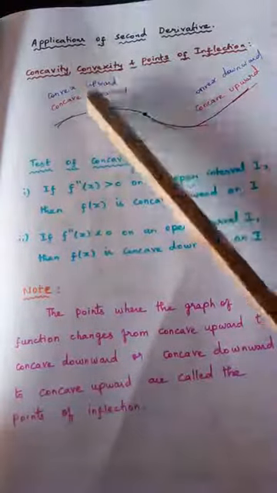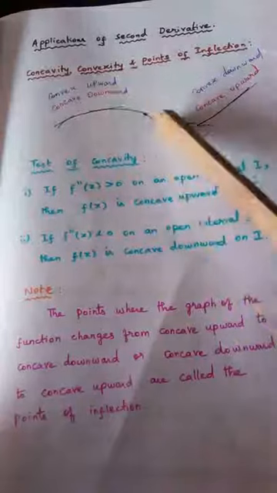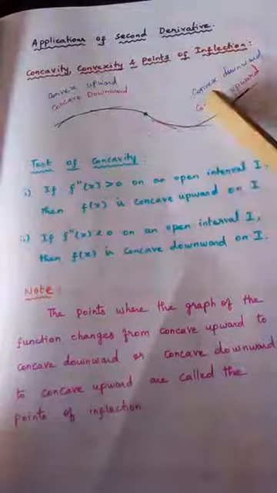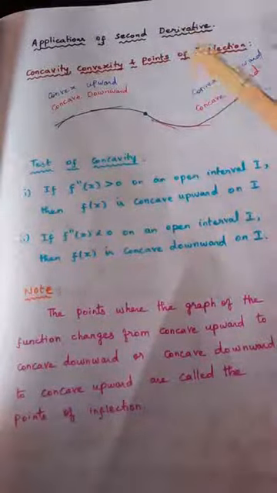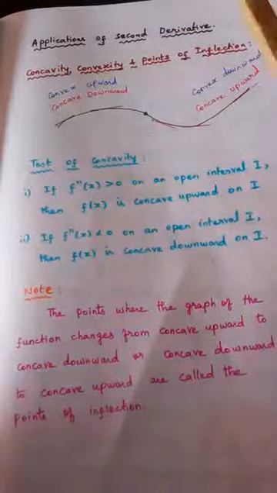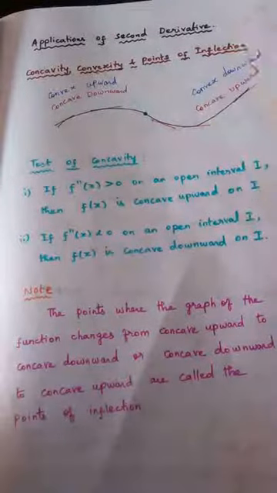So both are the same: concave downward or otherwise convex upward. Just keep this in your mind. If the curve lies below the tangent, concave downward. If the curve lies above the tangent, concave upward. Then you can easily remember the other name. So just by seeing the diagram, we can say what type of concavity it is.